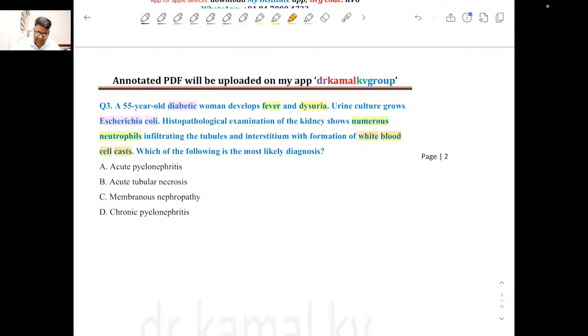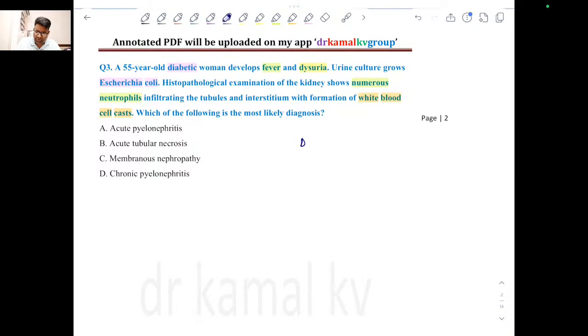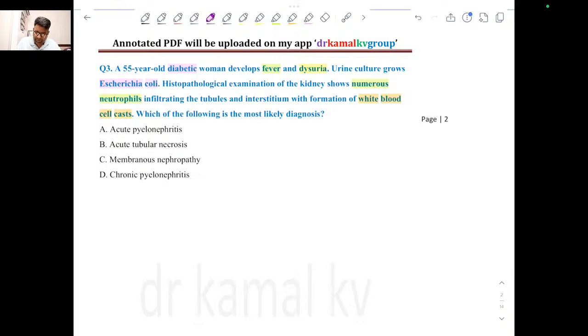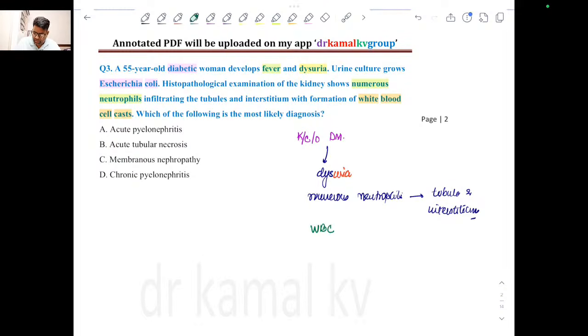Super, yes. Now here, a known case of diabetes mellitus, developing dysuria, painful micturition, then there are numerous neutrophils infiltrating the tubules and interstitium, but most importantly there is one more clue, and that is WBC casts.